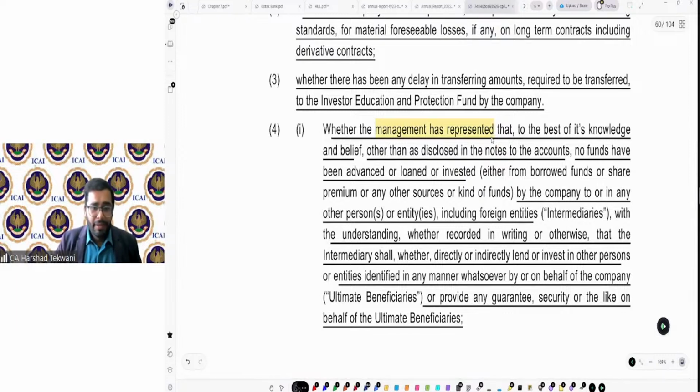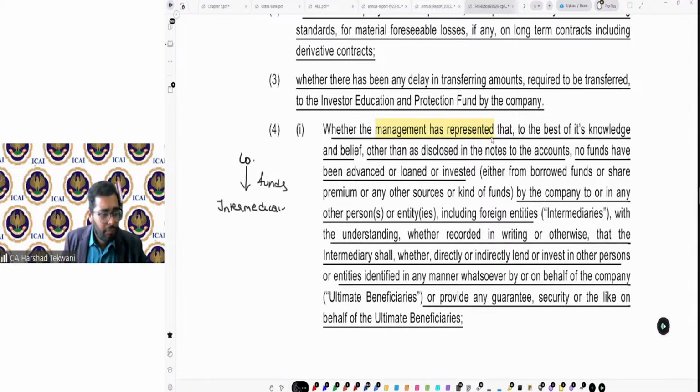Second, it says that whether the company has transferred funds to any other intermediaries. And why have they transferred the funds to the intermediary? With an understanding that they will transfer directly or indirectly or invest in other persons or entities identified by the company.